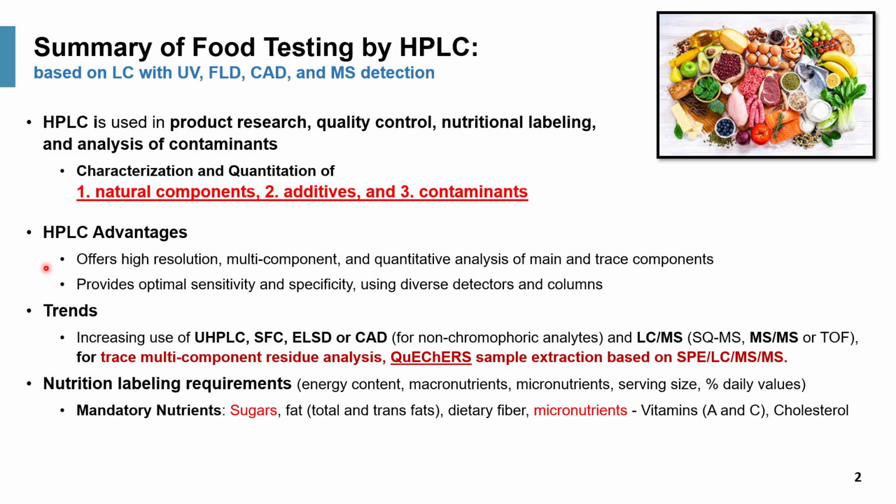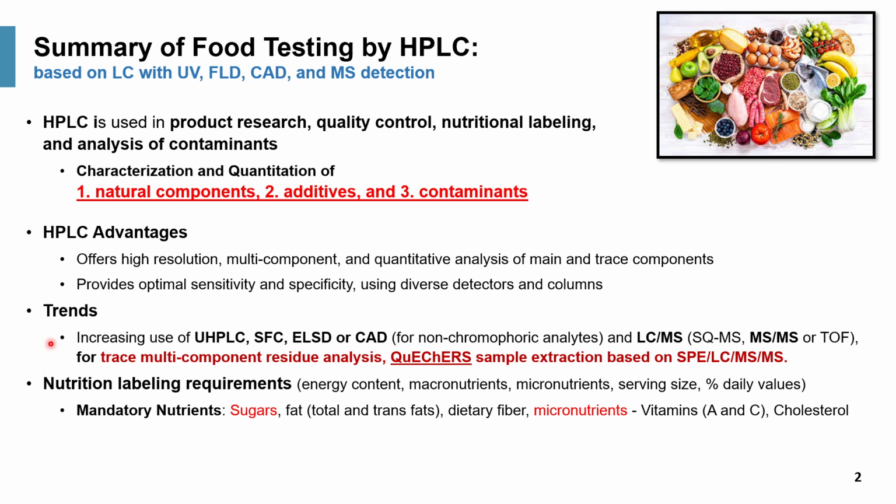Like before, HPLC has several advantages such as resolution, multi-component analysis, and quantitative analysis of both the main component and trace contaminants or components, and also provides optimum sensitivity and specificity using different detectors and different columns under different operating conditions.